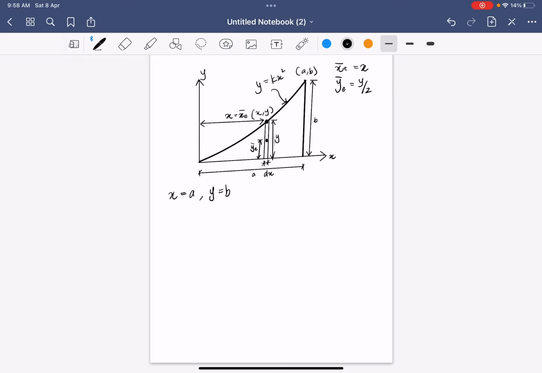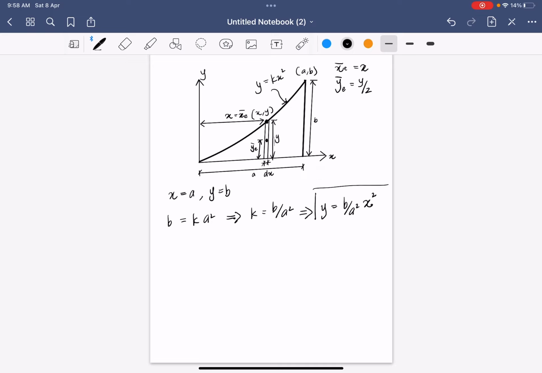By substituting these coordinates into the equation of the line, we will get b equal to k a squared. Rearranging this, you will get k is equal to b over a squared, and the equation now becomes y equal to b over a squared x squared.